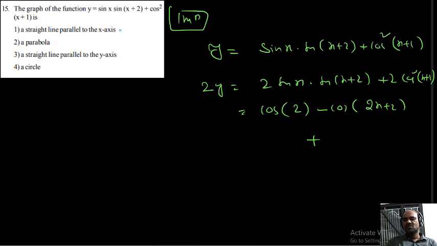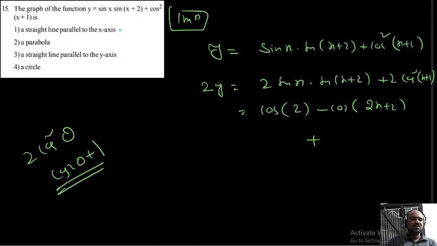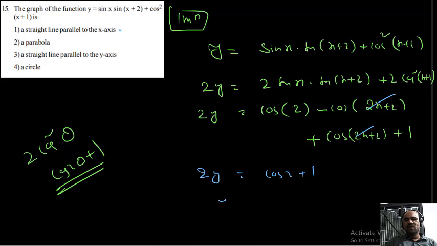Plus 2 cos square theta, which means cos 2 theta plus 1, so I can write cos of 2x plus 2 plus 1. This is 2y. Now observe, these get cancelled. 2y equal to cos 2 plus 1, or y equal to cos 2 plus 1 by 2, or y equal to some constant.